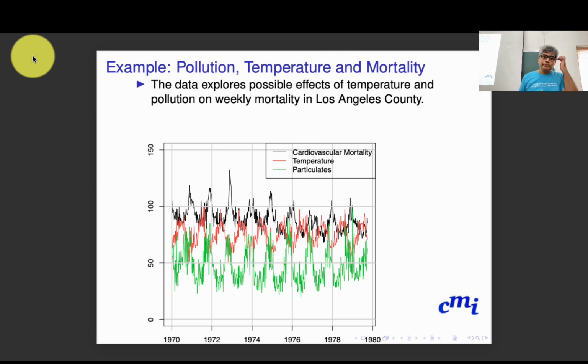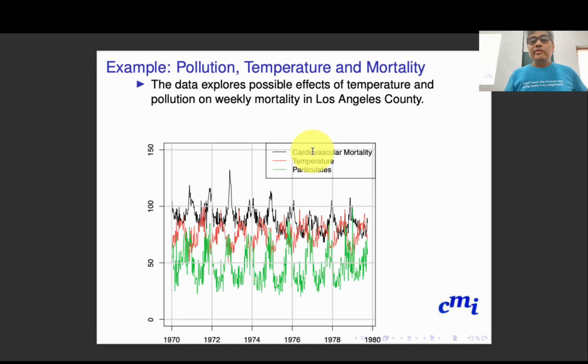So let us start with an example to understand the problem a little bit more. Pollution, temperature and mortality. This is data over a decade in one of the counties in Los Angeles County.